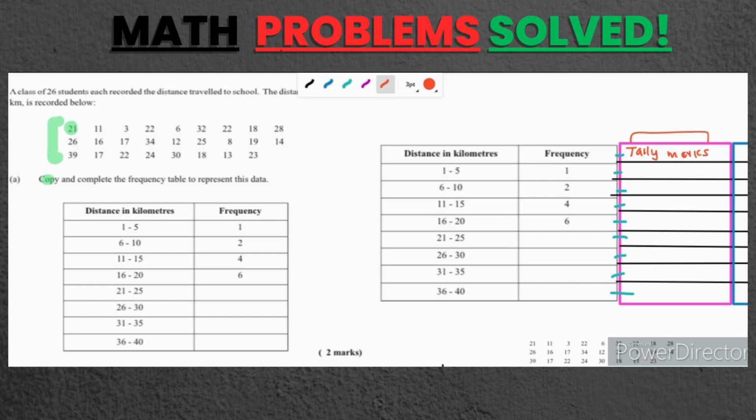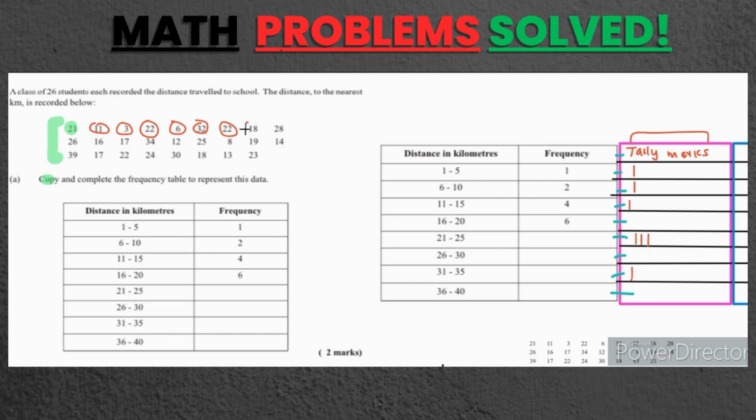The first one is 21. Where is 21? In this group. The next one is 11, and we know 11 is in this group. Then 3 is in the first group. Then 22 in this group. Then 6 in this group. 32 here. 22, where is 22?